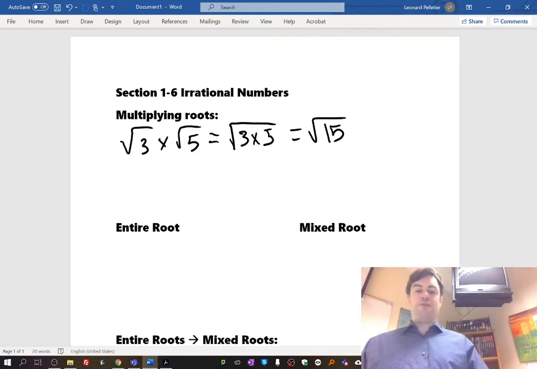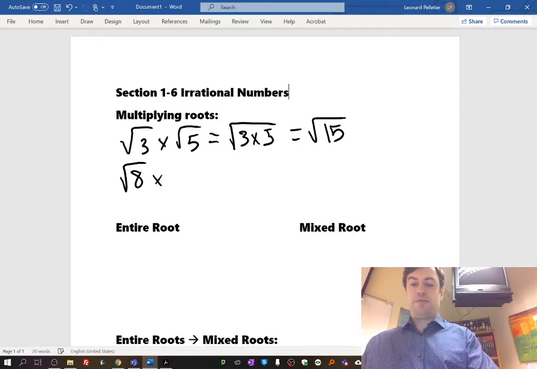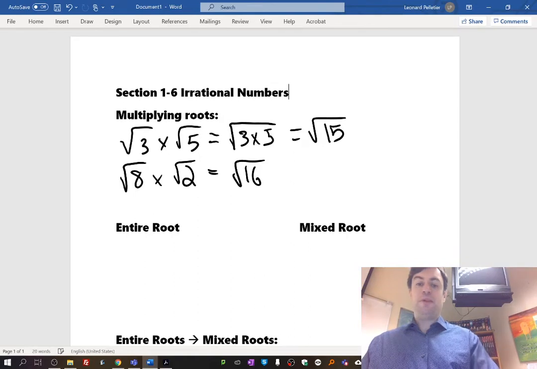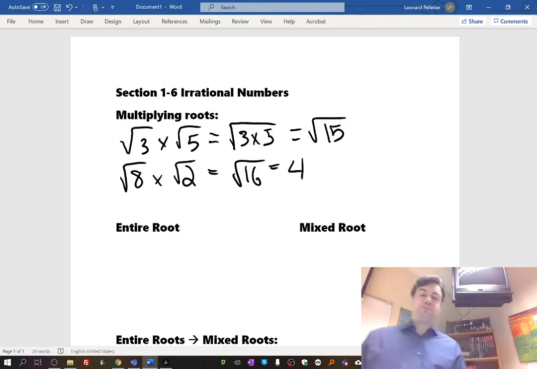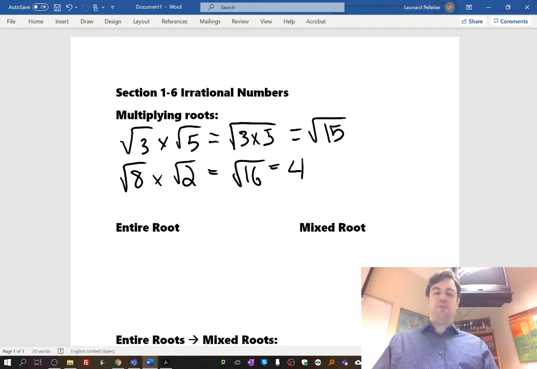So for example, the square root of 8 times the square root of 2 works out to the square root of 16. Then you can finish that off and actually take the square root of 16, because 16 is a perfect square, so that equals 4. And there it is. I hope that is pretty clear on how to do that.